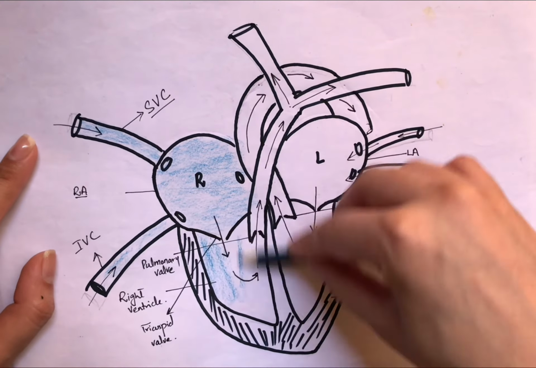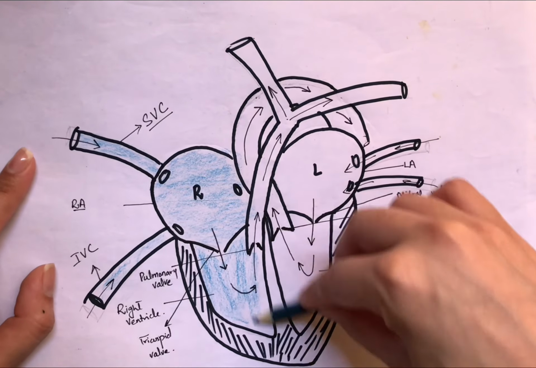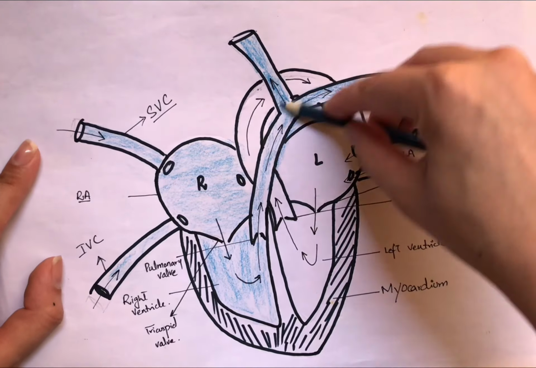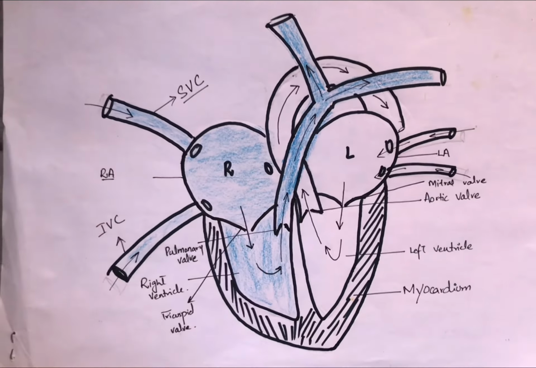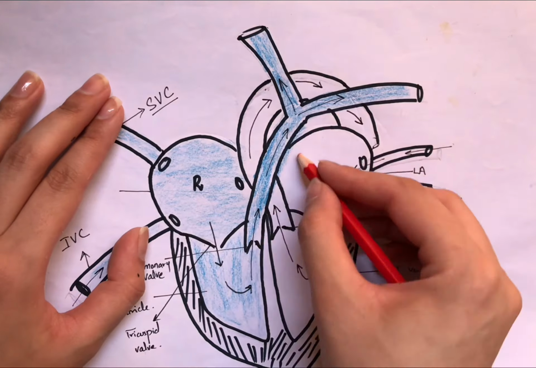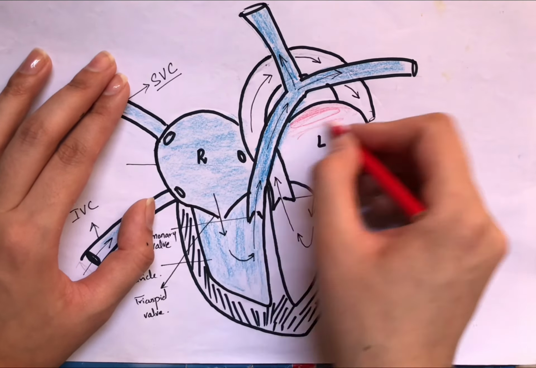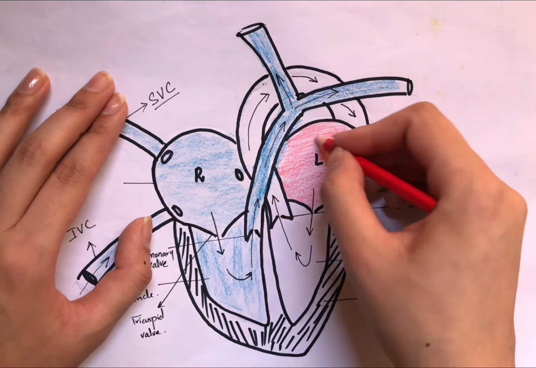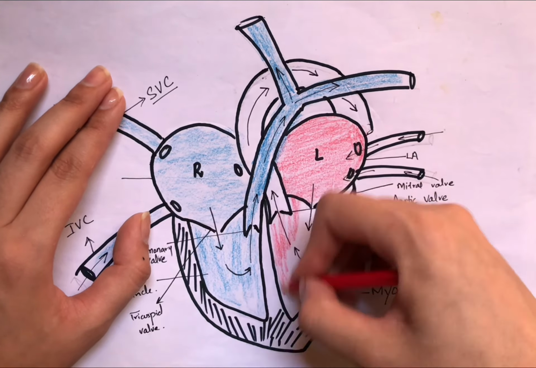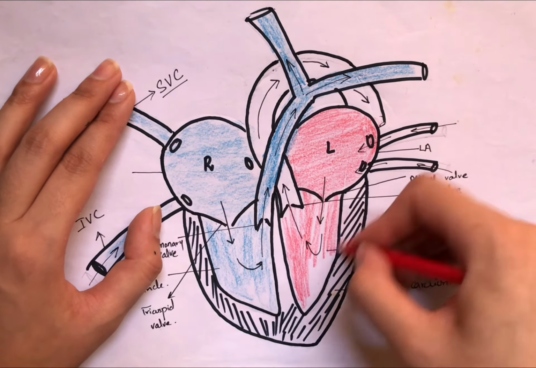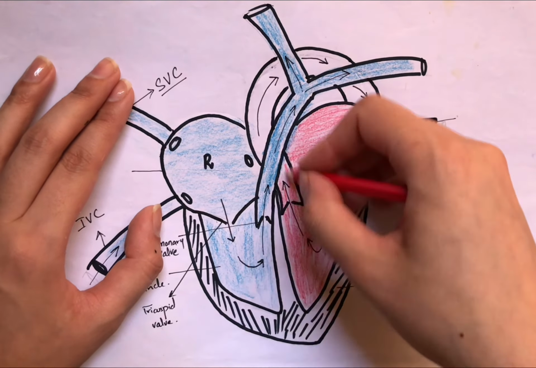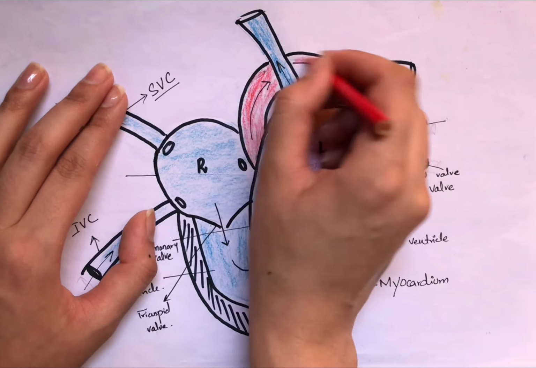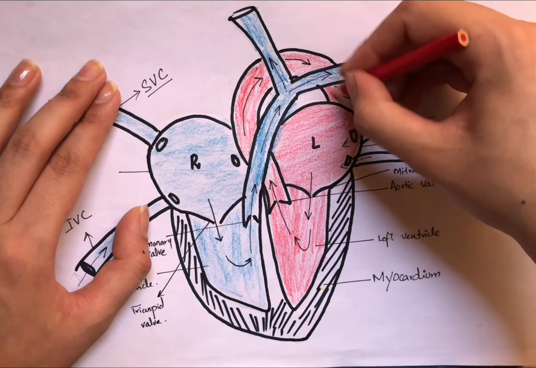When the right side contracts, the blood goes into the lungs for oxygenation, and after oxygenation, oxygenated blood comes into the left side of the heart, and when the left side contracts, the blood is pushed from your major vessel, the aorta, into your whole body. So this is the basic mechanism of heart anatomy and function.